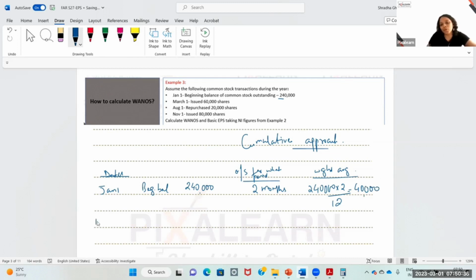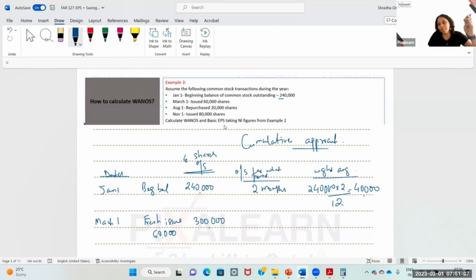Then, March 1, I came up with a fresh issue. The fresh issue was for 60,000 shares. So total shares outstanding now: 240 was added with 60, and now I had 300,000 shares outstanding.